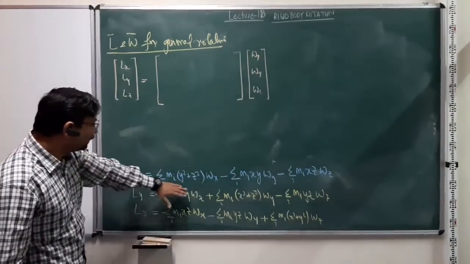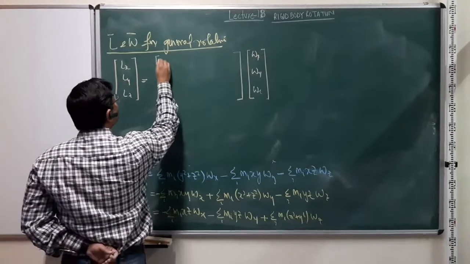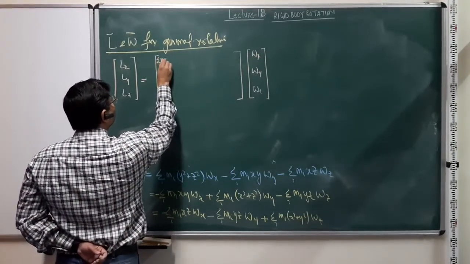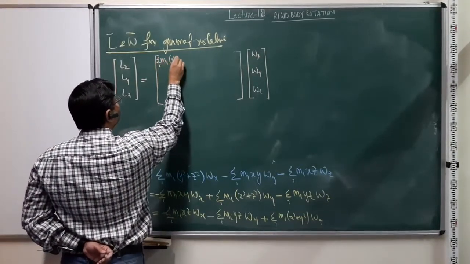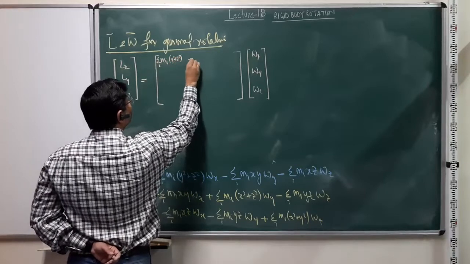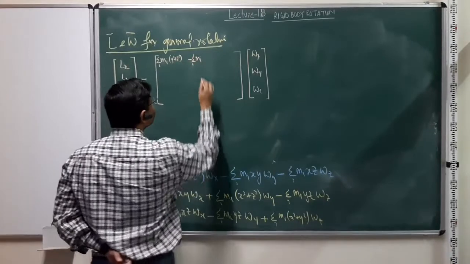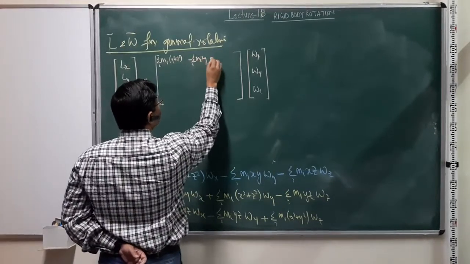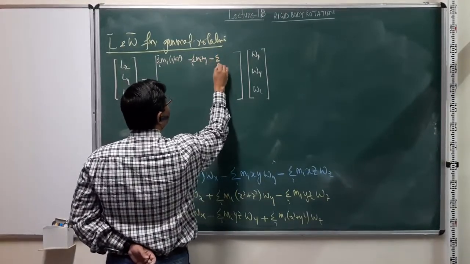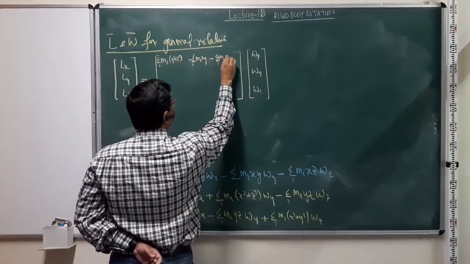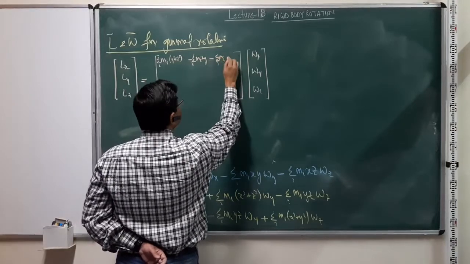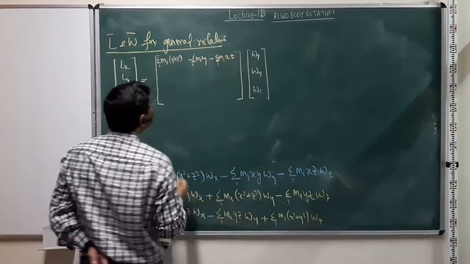And what are the components here? So this is sum over i of m_i (y squared plus z squared), minus sum over i of m_i x y, minus sum over i of m_i x z.